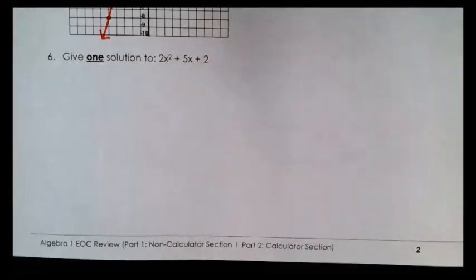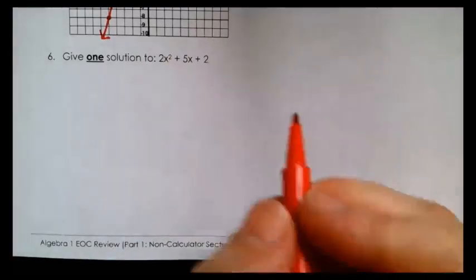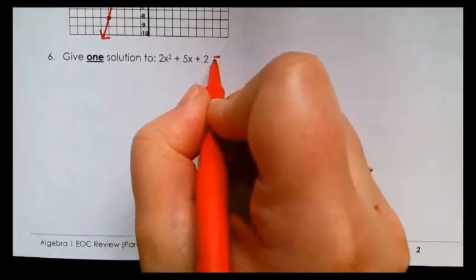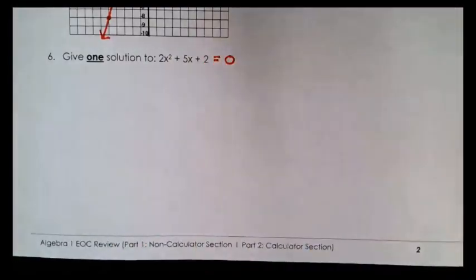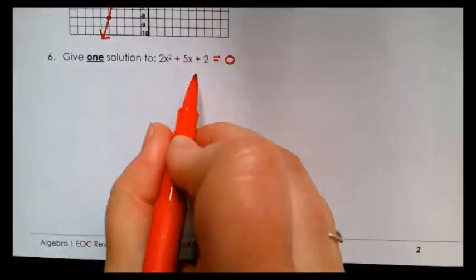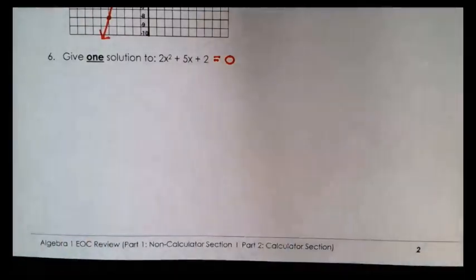Number 6. Give one solution to 2x squared plus 5x plus 2. Now we can't come up with a solution unless we have an equation. So step 1 is you're going to set this equal to 0. Always do that. If you have an expression, you have to set it equal to 0.